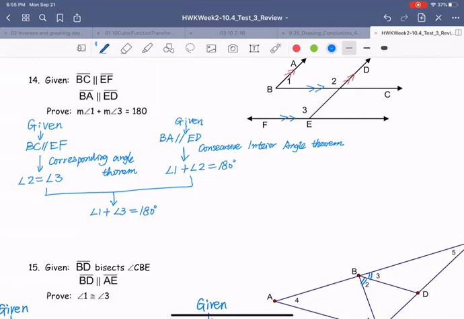Reflexive property? Or is it transitive? Wait, I have it in my notes. Go ahead and look for your school notes. Let's make sure we get that one correct.